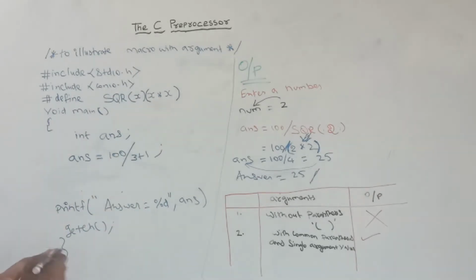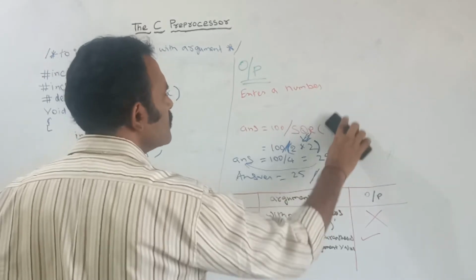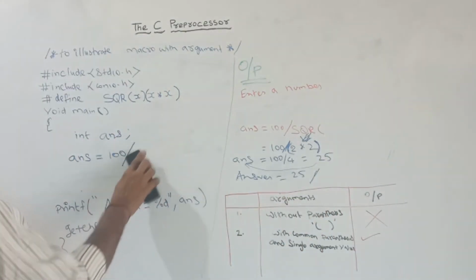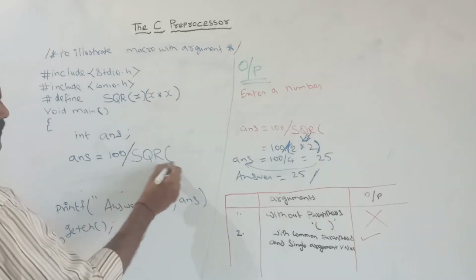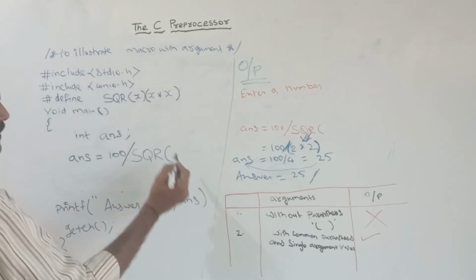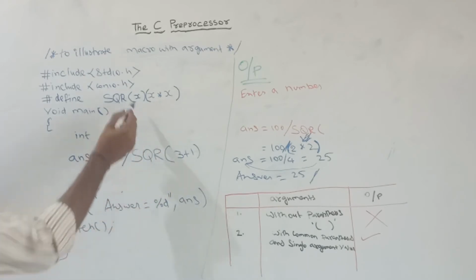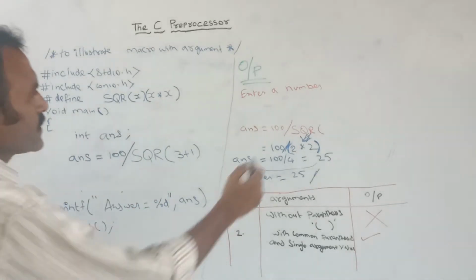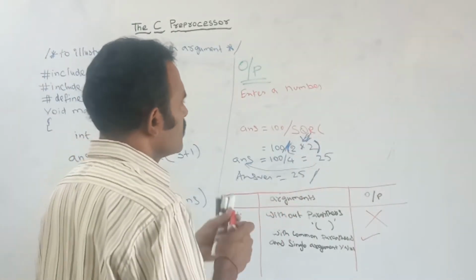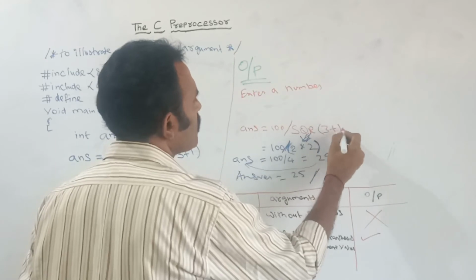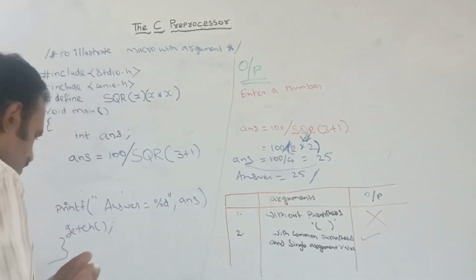Here we should give this macro name SQR of, and inside, instead of a single value, I am passing 3 plus 1. So this x will hold the value 3 plus 1.